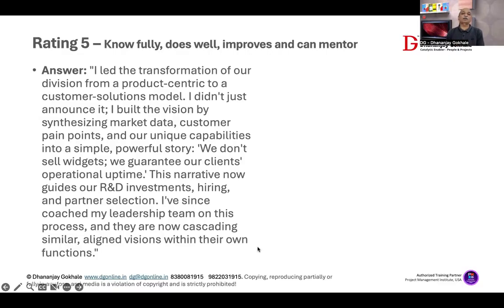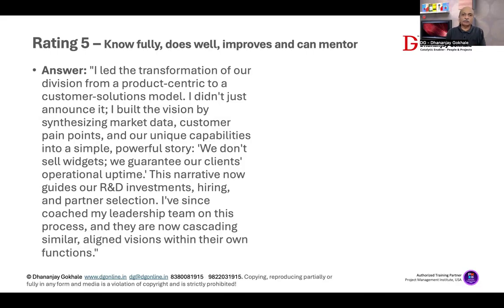Now, here is the answer for the score five. I led the transformation of our division from a product centric to a customer solution model. I didn't just announce it, I built the vision by synthesizing the market data, customer pain points, our unique capabilities into a simple, powerful story. So this person knows, like the person who scored four. Both of these people know exactly.